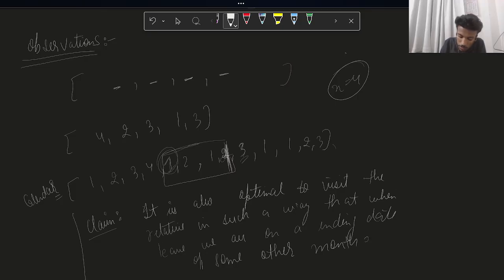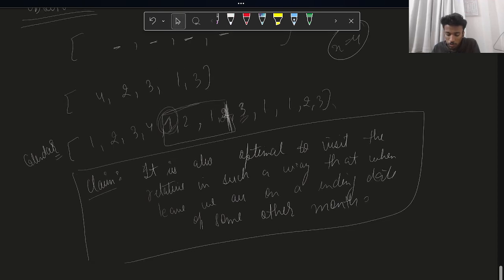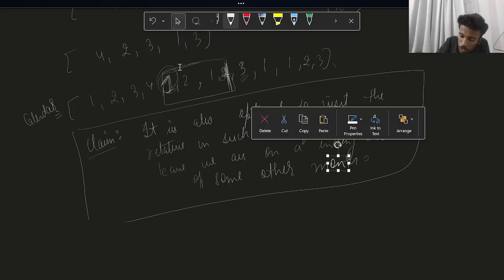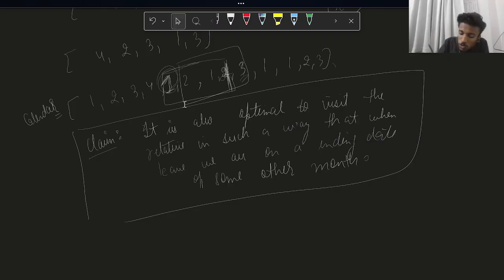So we should visit the relative in such a way that whenever we leave, we are on a last date of some other month. Here, instead of visiting this way, where we go on 1 and visit only on 1, 2, 1, 2, we should visit on 2 and go to 1, 2, 3.